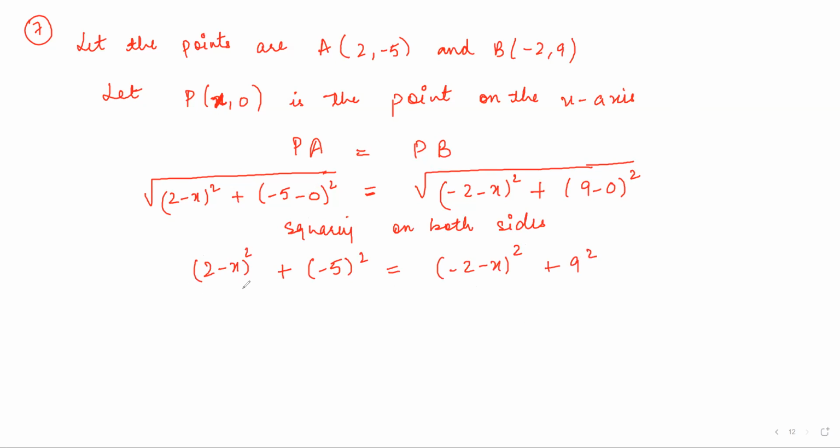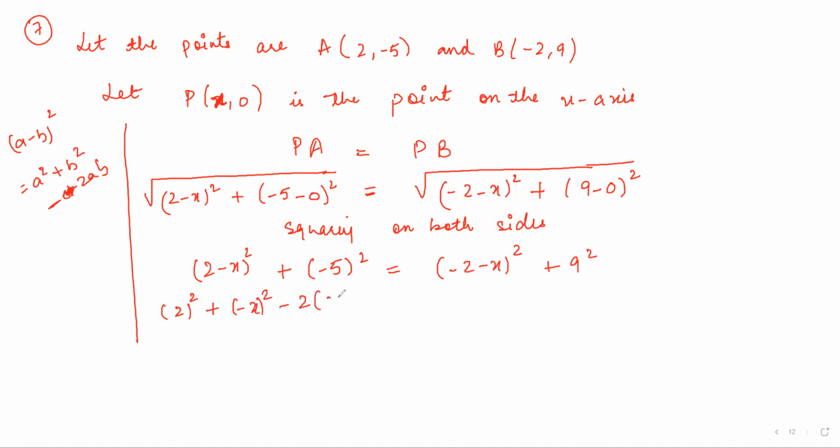Now this (2 minus x) whole square will be solved by using the formula (a minus b) whole square, which is equal to a square plus b square minus 2ab. That's the identity. So it will become 2 whole square plus x whole square, then minus 2 into 2 into x. Got it? 2ab.